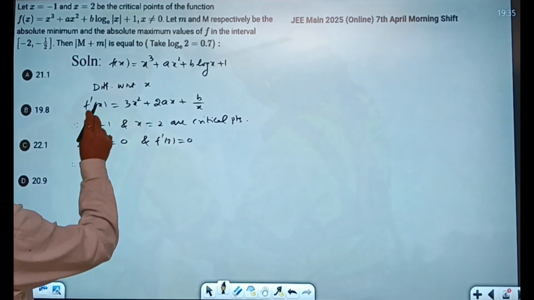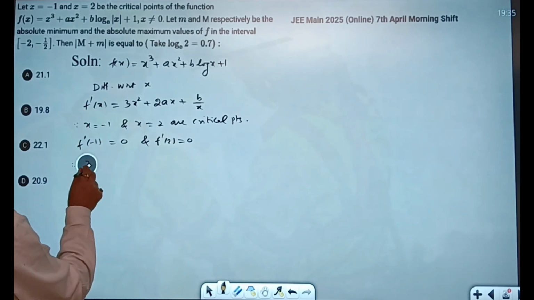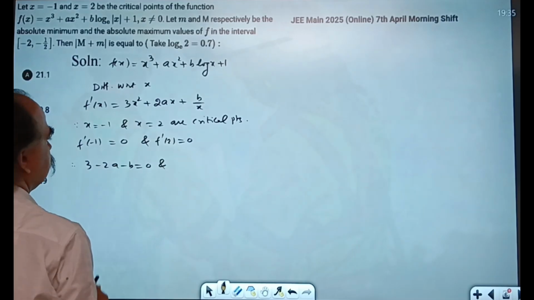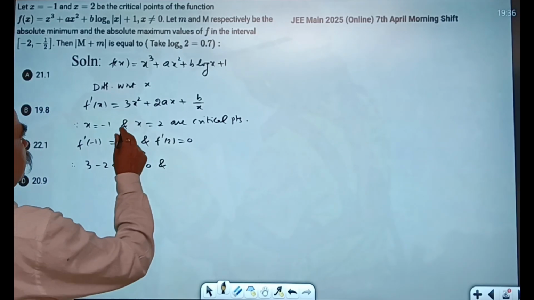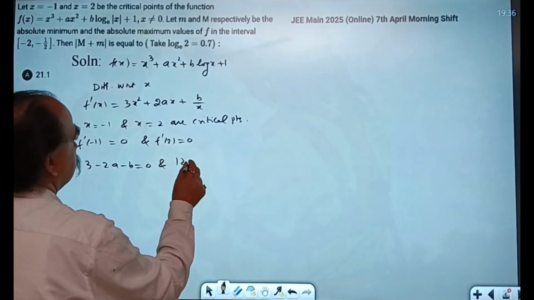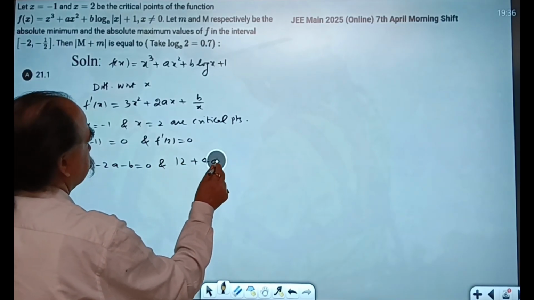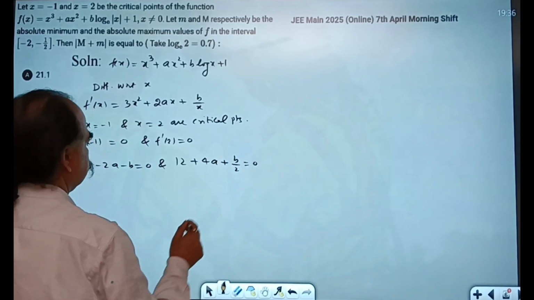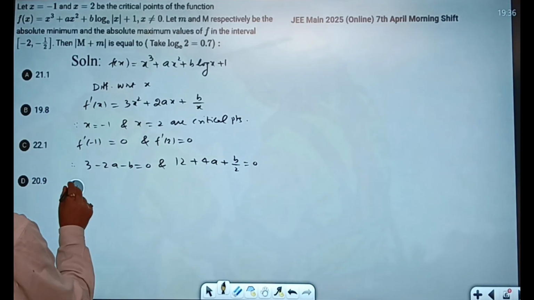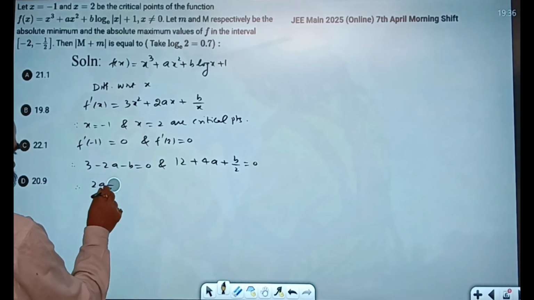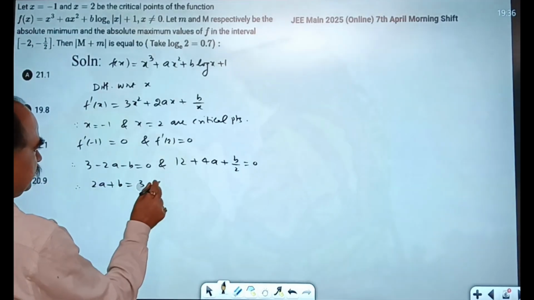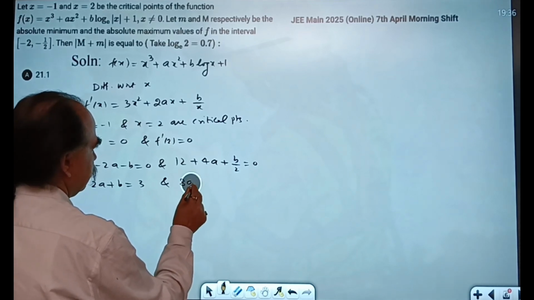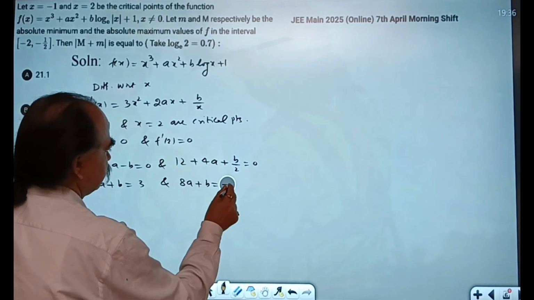Therefore, f dash minus 1 is 3 minus 2a minus b is equal to 0, and f dash 2 is equal to 0 will give you 12 plus 4a plus b by 2 is equal to 0. So 2a plus b is 3 and 8a plus b is equal to minus 24.